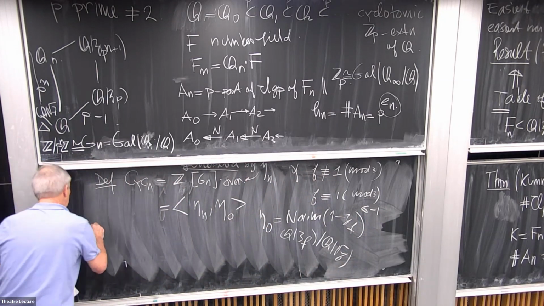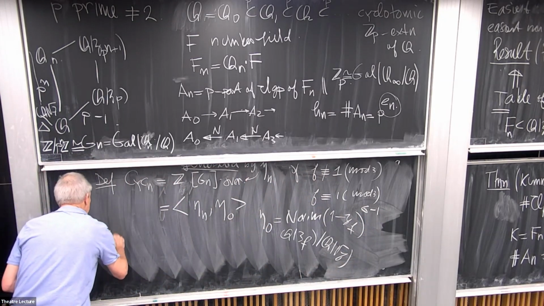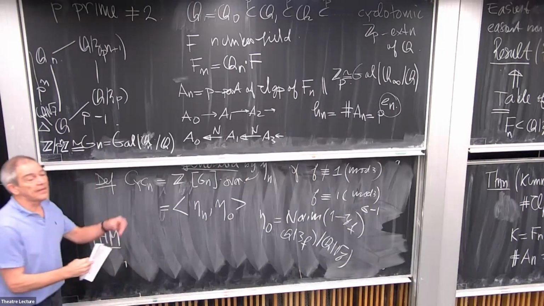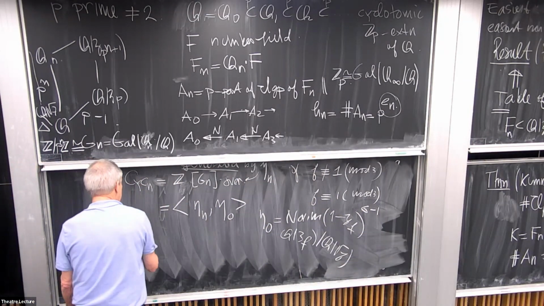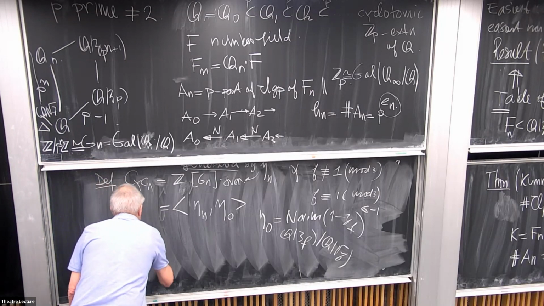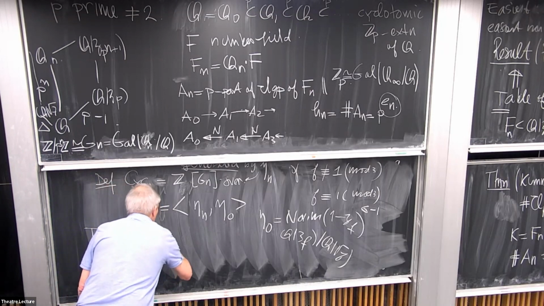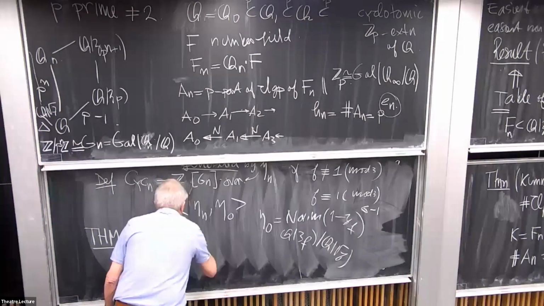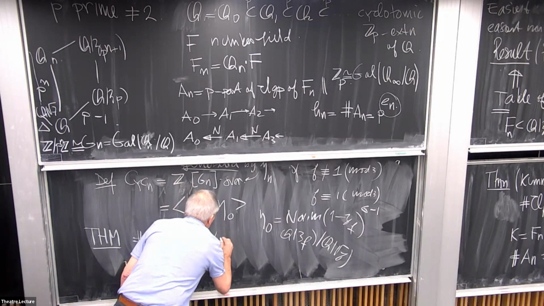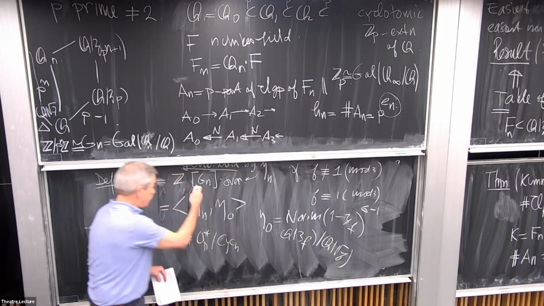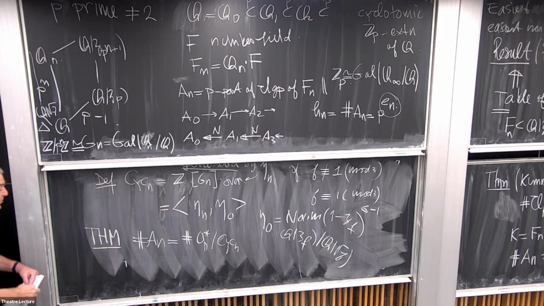And then we have two results. The first result is that, in fact, with this definition, this is the definition of Sinnott in this particular case. So in this case, we have that the cardinality of A_n is equal to the p-part of the cardinality of the unit group modulo these subgroups. That's the first result.